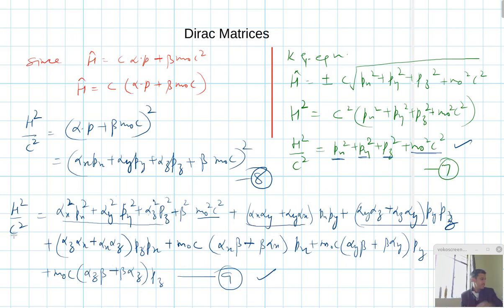So if I generalize this idea, let me write it down. Comparing 7 and 9, what I am getting is alpha x square is equal to alpha y square, which is equal to alpha z square, which is equal to beta square, which is equal to 1. Let me call this equation number 10.